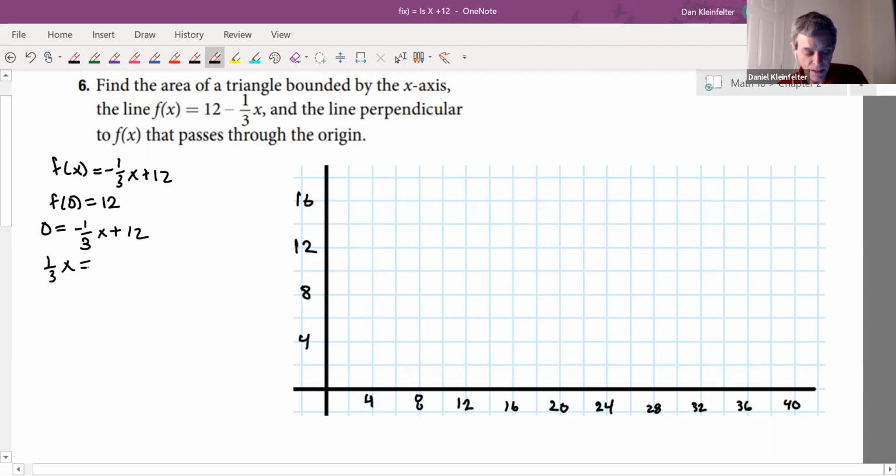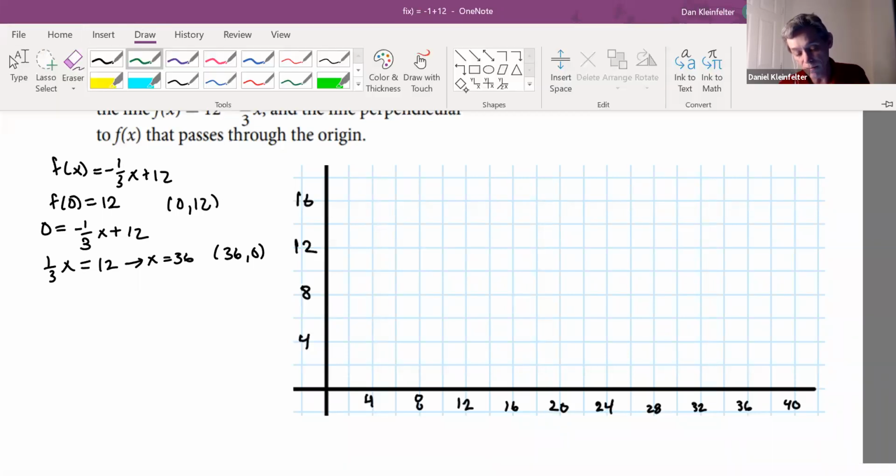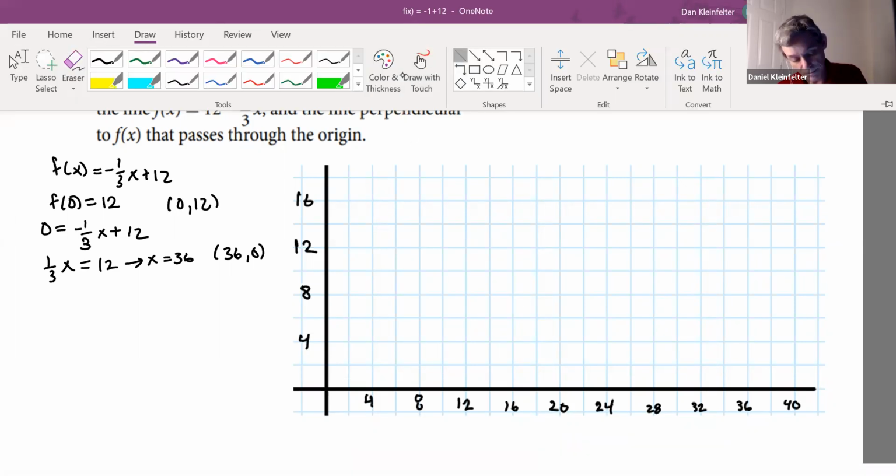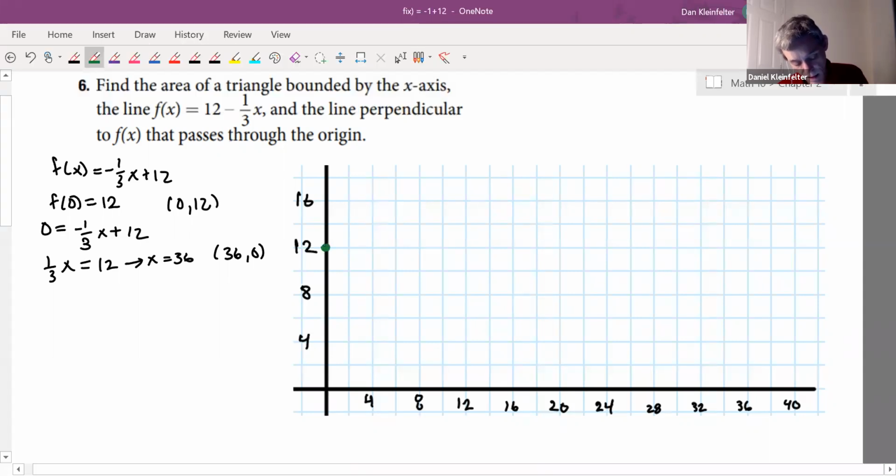And so from there, we can get that x is 36. So the point 36, 0 will be on the graph, and the point 0, 12 will be on the graph. So that will be our two intercepts. So let's go ahead and draw that. We have the point 0, 12 and 36, 0. And then we can go ahead and connect the dots.